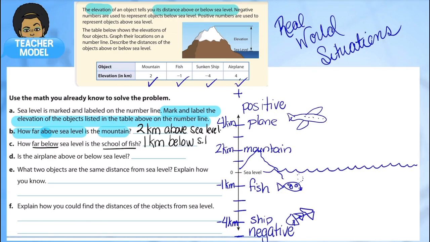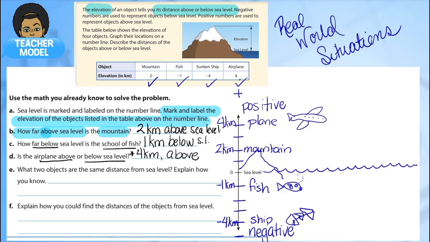I'm going to put an SL for sea level. Next one is the airplane above or below sea level. Well, it's at 4 kilometers. That's a positive, so it must be above. And it's true, it's in the air. So it's above sea level.